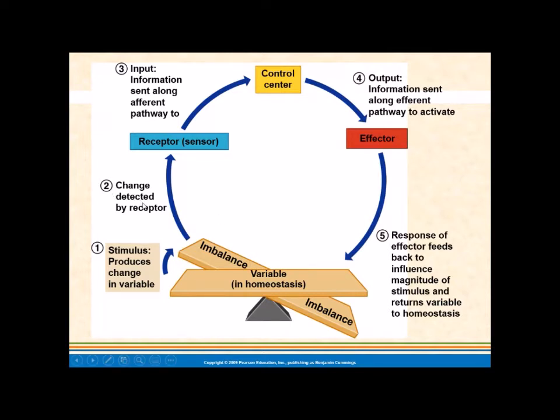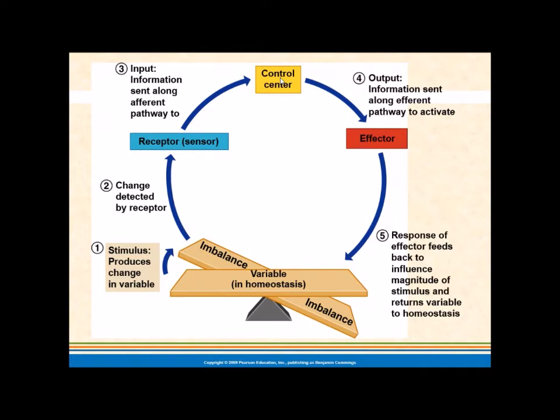The receptor will detect a change, or a change produces a stimulus, which gets picked up by the receptor. And then that receptor, if the change is big enough, sends a signal to the control center, usually our spinal cord or our brain.